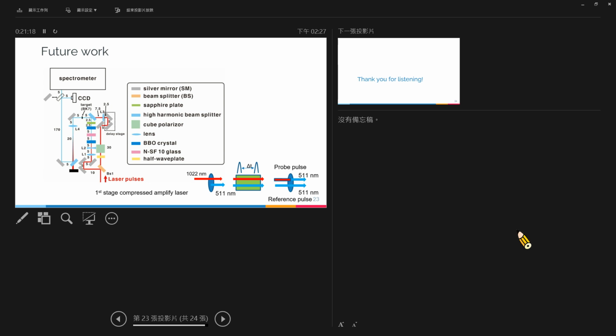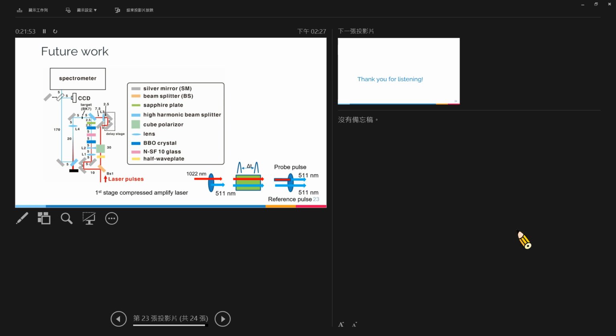So I will put NSF10 glass here. As I mentioned earlier, two different frequencies of laser pulse have different velocities inside a medium, which means they will have different times after going out of this medium. So when it goes out of this medium, there will be two pulses at different times, but they still differ in wavelength.